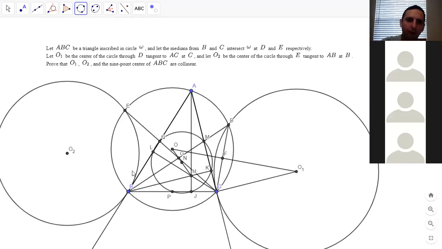Yeah, is there a spiral similarity that takes, like, triangle BEC? Like, what if we do a spiral similarity with 90 degrees?